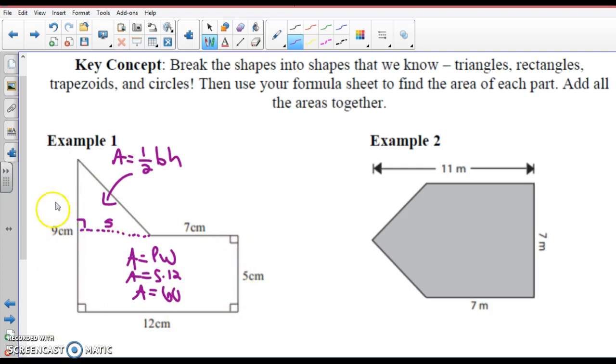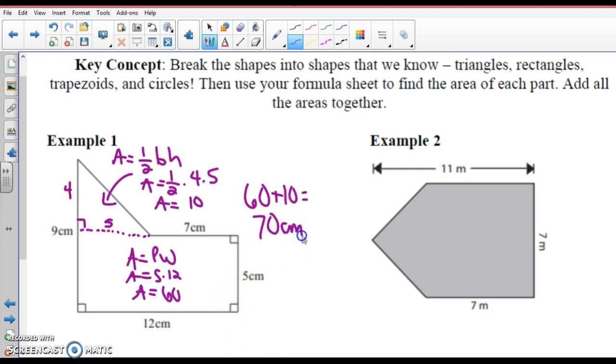This whole thing is 9. So this needs to be 4. Do you see that? Because 5 plus 4 will give you the whole thing 9. So my area is going to be 1/2 times 4 times 5. That'll be 10. So for the area of the whole thing, I now need to add the area of my two shapes, and I'm going to get 70 centimeters squared.